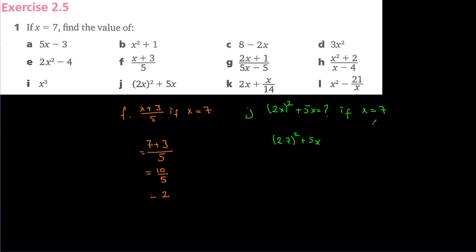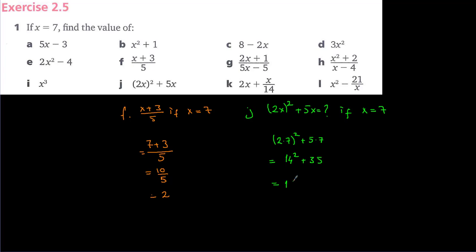With respect to the PEMDAS rule, firstly we need to multiply inside the parentheses. So it's equal to 14 square plus 5 times, I made a mistake here, 5 times x, it's equal to 5 times 7, which is equal to 35.